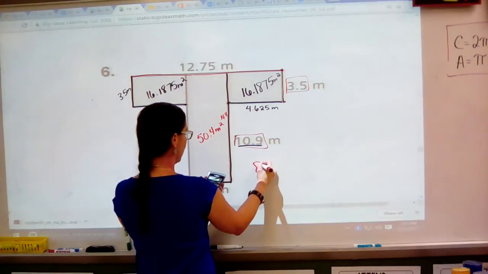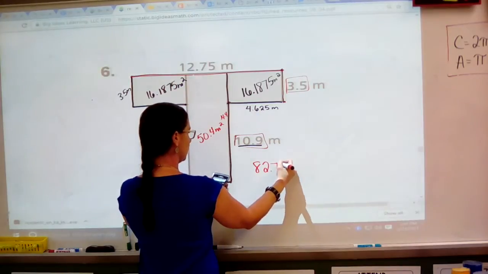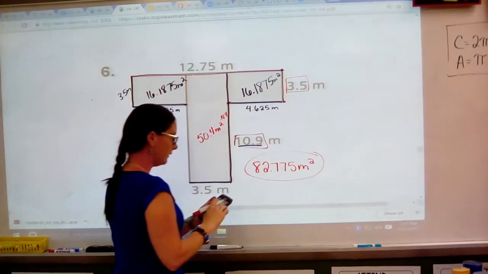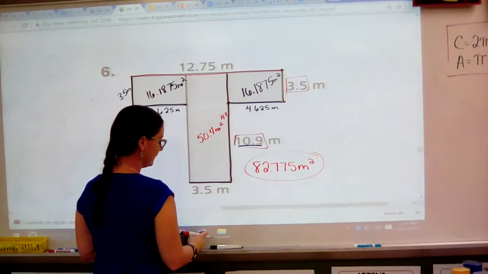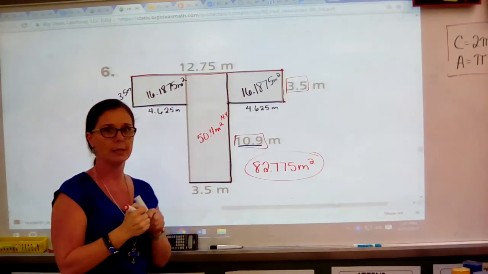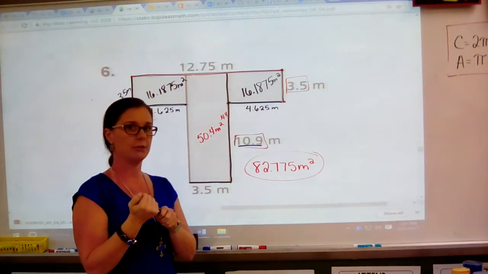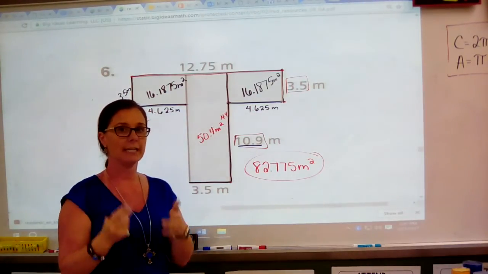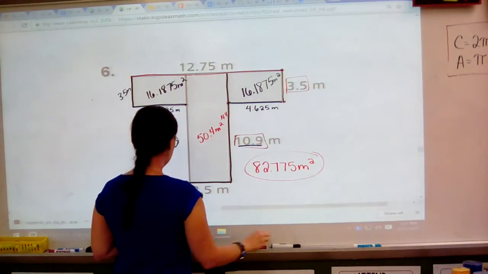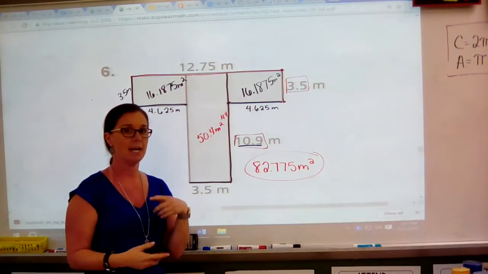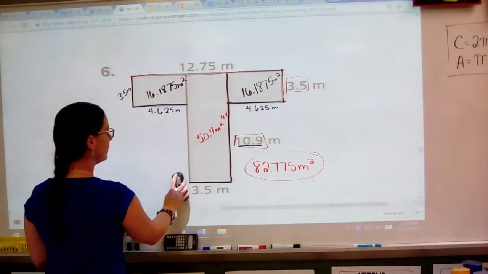So my entire area of my composite figure would be 82.775 meters squared. That would be my area. It is not surface area because it's a two-dimensional figure. It's still called area because it's flat. To look at this again, just pause it. I'm going to go on and go over perimeter.